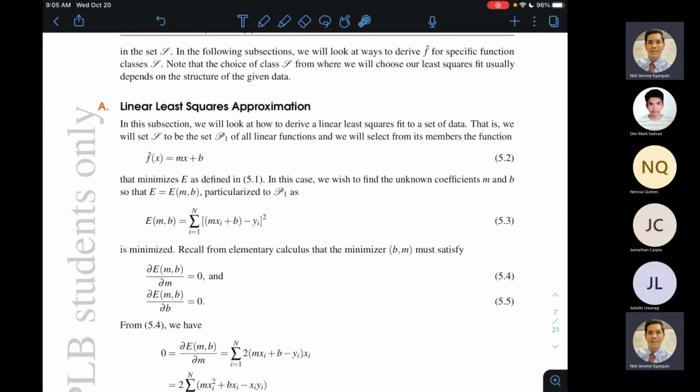Again, we start with a given set of data, x sub i, y sub i. Tapos usually yung ginagawa, gumagawa tayo ng scatter plot ng data points para makita natin approximately, at least visually, kung ano kaya yung klase ng function na mag-fit dun sa given data natin the most. And I will collect my guesses into a collection of candidate functions, and that's what we call script S, right?